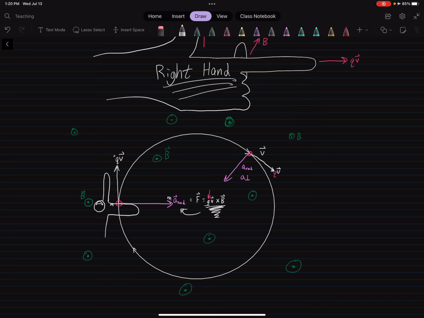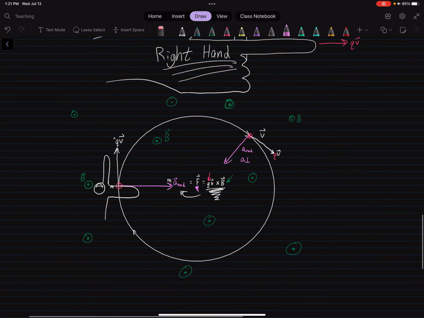How do I know that? Well, all of this is in the numerator, and so it scales directly with the resulting force. And the magnitude of the B field contributes. So the larger the B field, the larger the force. And so you get this resulting force, which is what provides our radially inward acceleration.